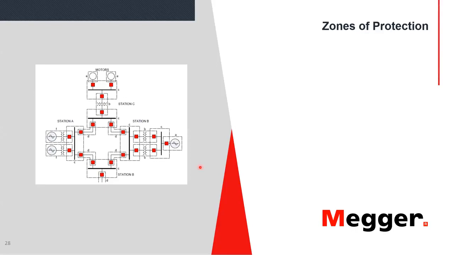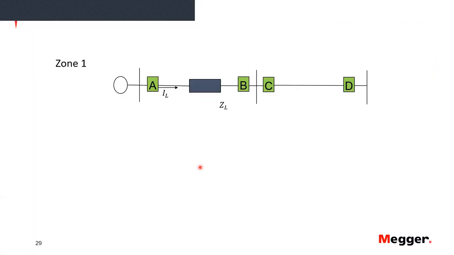Now, with that security factor comes the concept of the zone of protection. Now, what are zones of protection? Since we have the errors that we just mentioned, we design this system so that the main or the initial, the critical, the fastest protection trips, but only at 80 to 90% of the total length of the line.